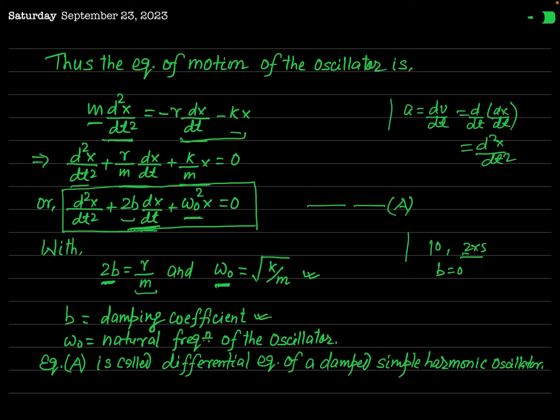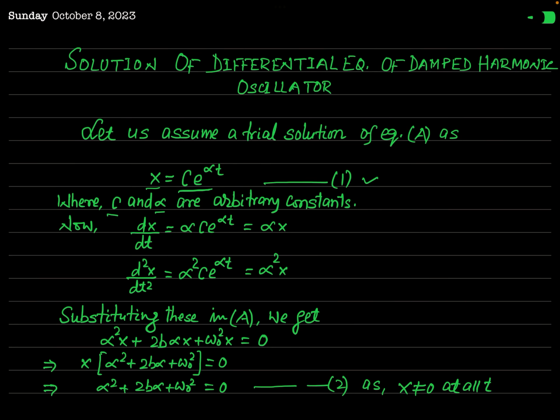Okay. Now we have assumed this, and considering this trial solution, as you can see in our equation, there are two remaining terms which contain the second order derivative of x and the first order derivative of x. So let us find first of all these two derivatives, and then we will substitute those values in that equation of motion, and we will get the solution. So x is equal to c times e to the power alpha t, and you can easily say what will be dx by dt.